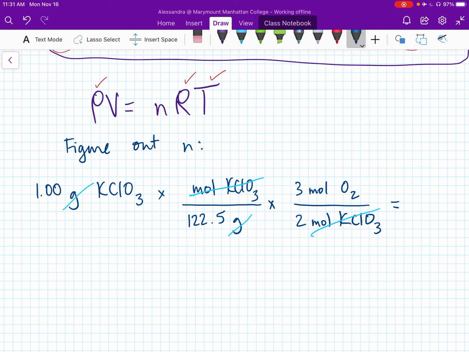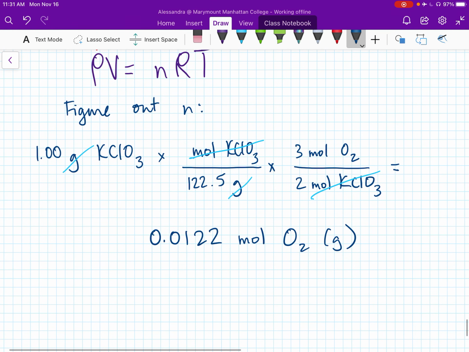And of course, N is the number of moles of the gas that's produced. Okay, remember, ideal gas law only applies to gas. I can't use it for solids or liquids. Okay, so this is 0.0122 moles of oxygen gas.